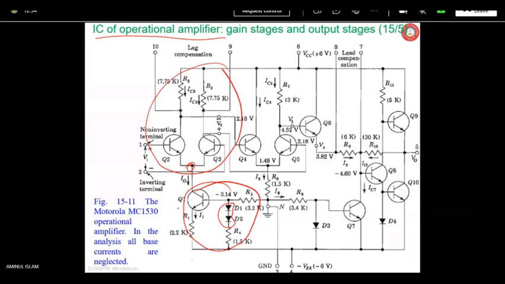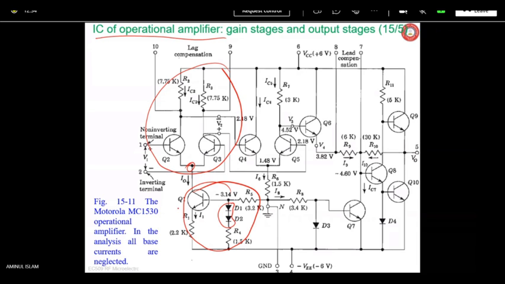So with respect to neutral point, VBN1 is calculated as minus VEE plus 2 into 0.7, because you have two diodes. Then it acts as a potential divider, R5 divided by R4.